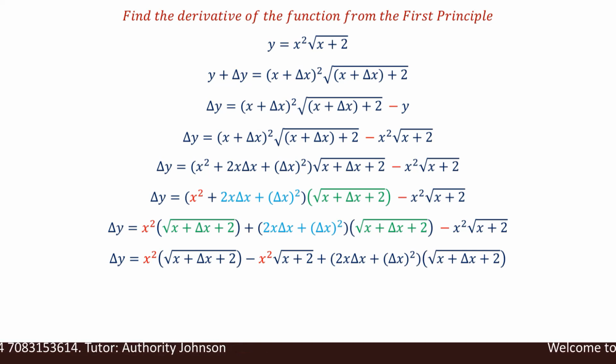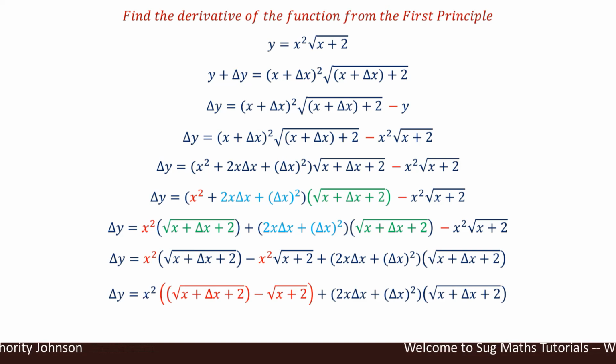Yes. Now look at this. Here we have x squared in the first term and x squared in the second term. Let's factor out x squared. So when we factor out x squared, we are going to have x squared open bracket square root of x plus change in x plus 2 minus square root of x plus 2, then plus the last term, which is 2x change in x plus change in x bracket squared multiplied by square root of x plus change in x plus 2, right?